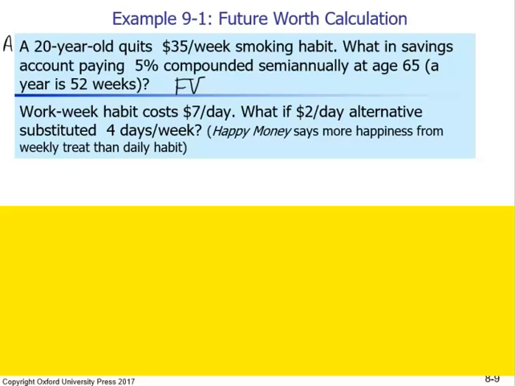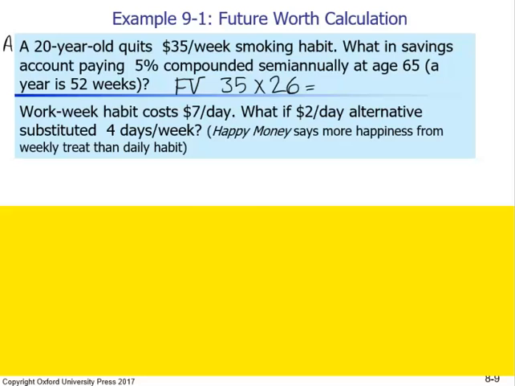And one thing you need to calculate: $35 per week times 26 tells you how much they are saving semi-annually. Why do you need to do that?